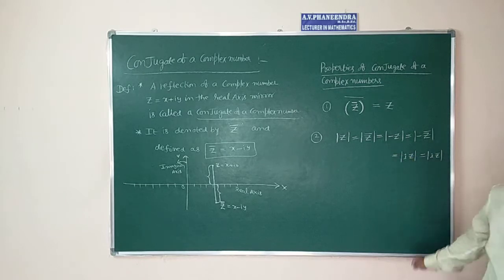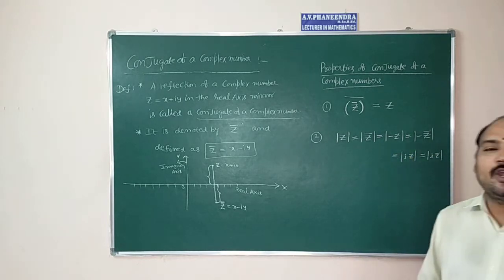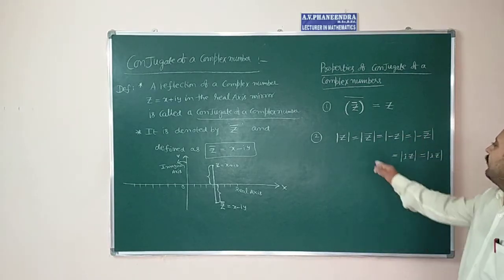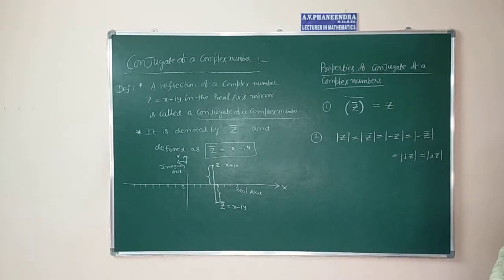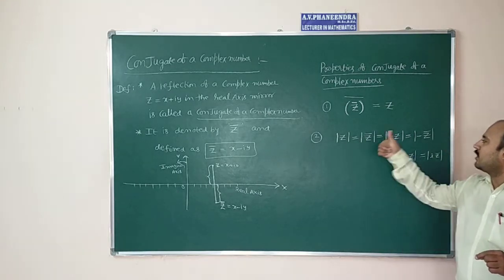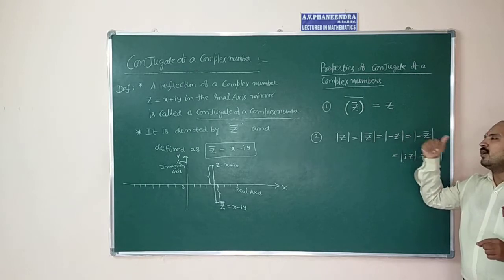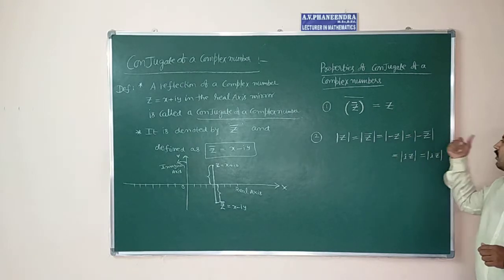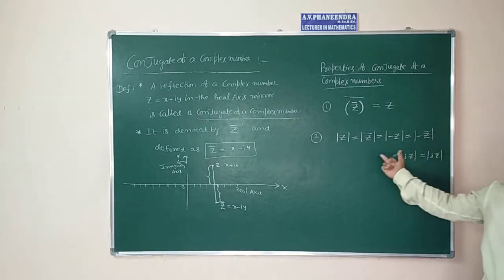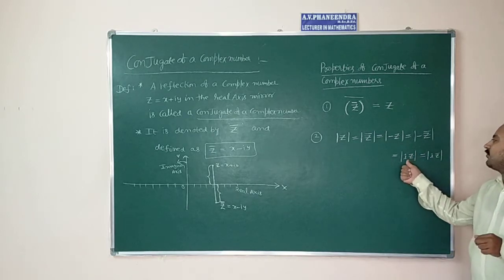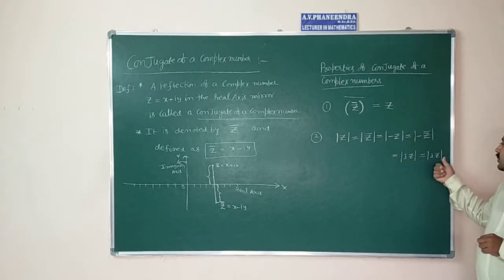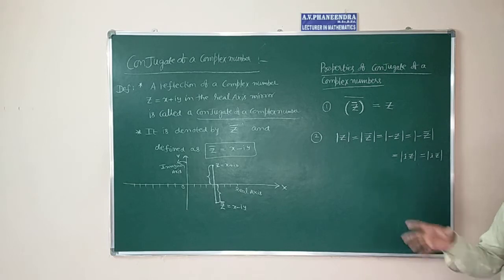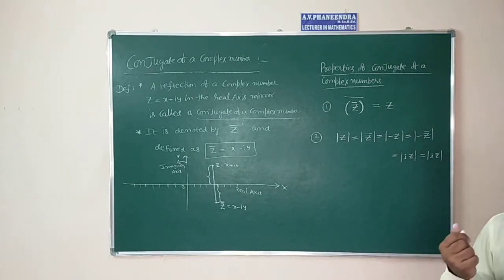All the magnitudes are equal. You take any example, based on this you will get the same answer. The magnitudes of complex number, conjugate complex number, negative of a complex number, negative conjugate of complex number, or multiple of complex number with i and conjugate multiple with i, all the magnitudes are equal.